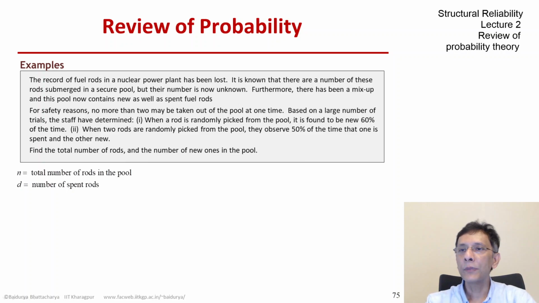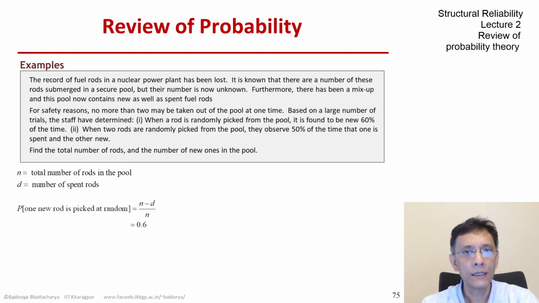So let n be the total number of rods in the pool, and d out of them is the number of spent rods. So the probability that we pick one new rod out of these when we pick is (n minus d) over n. That is simple, and it's given that that is equal to 0.6.